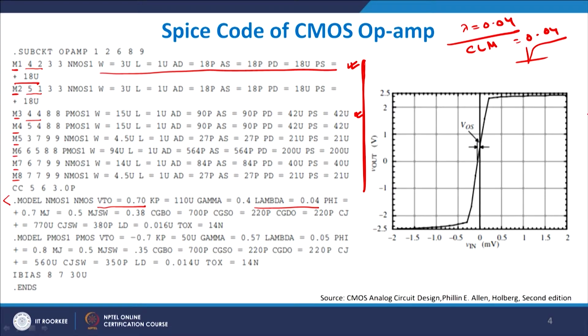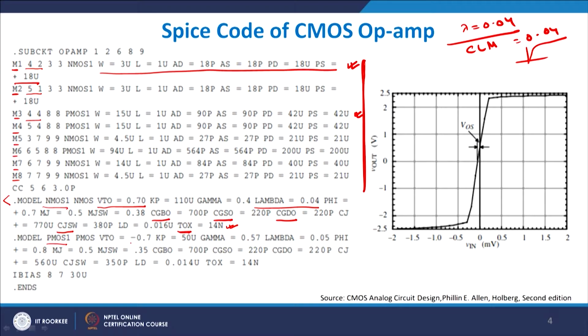Similarly, this is the capacitance of gate to bulk, gate to source and gate to drain in picofarads, right. We have junction capacitances here, and we have oxide capacitances, oxide thickness as 14 nanometer and so on and so forth. So, these are the model files for NMOS 1 and these are the model files for PMOS 1.